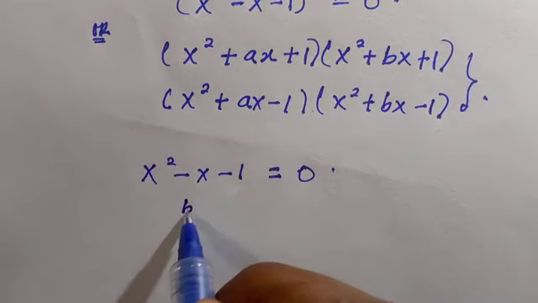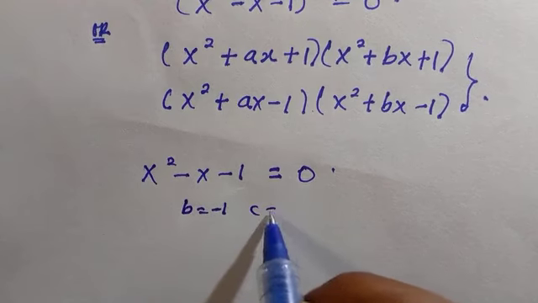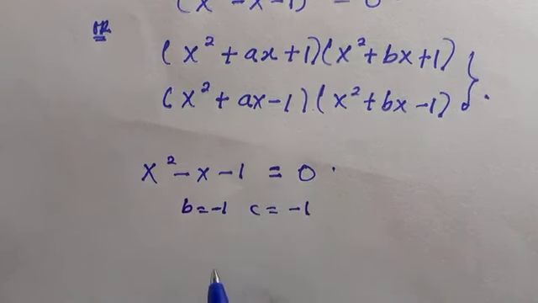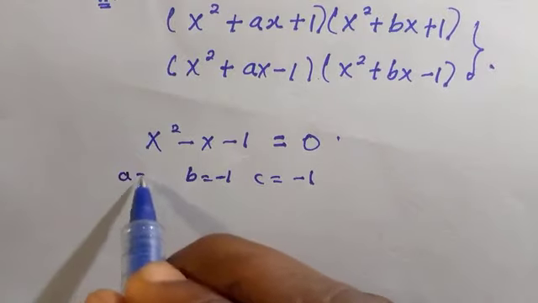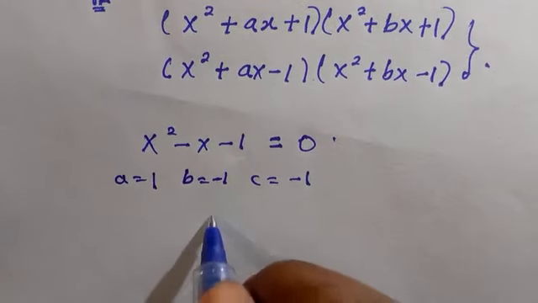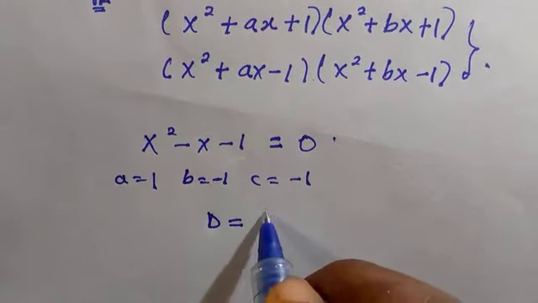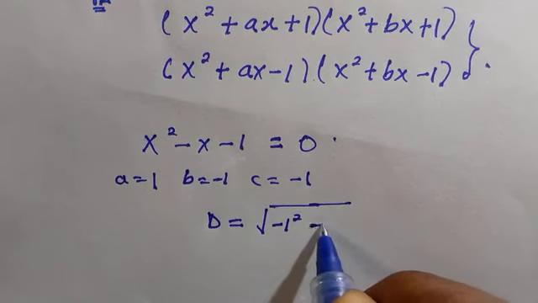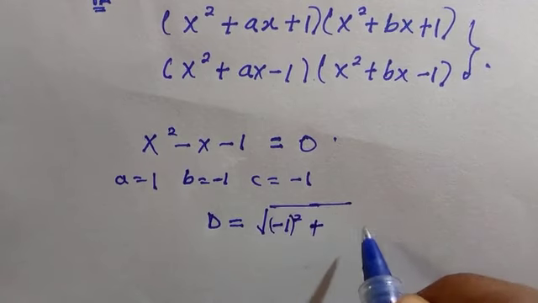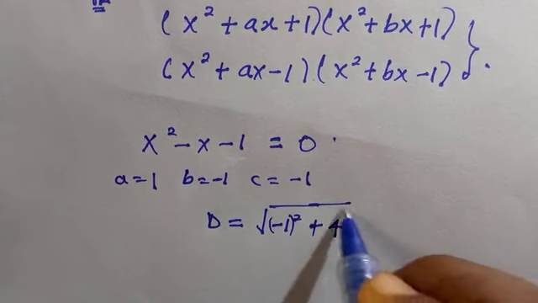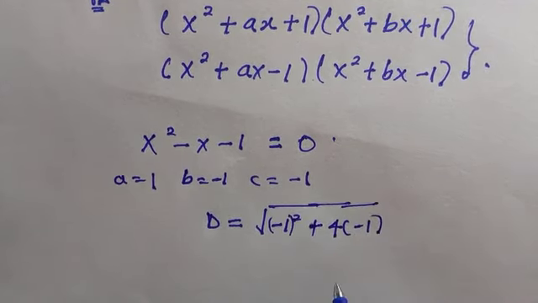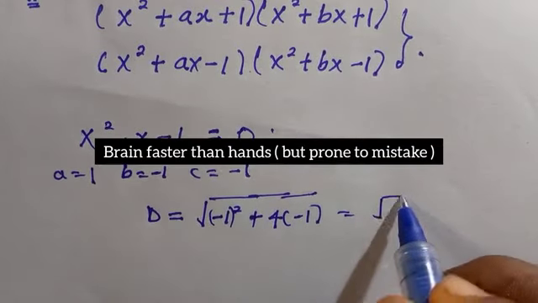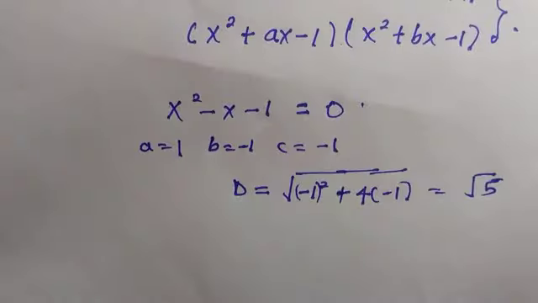So b here equals to minus 1, c is minus 1, and we know a is 1, that is the coefficient of x squared. So let's see the discriminant for this. Discriminant is minus 1 squared minus, if I bracket this, we have plus 4, which everything equals to root 5.